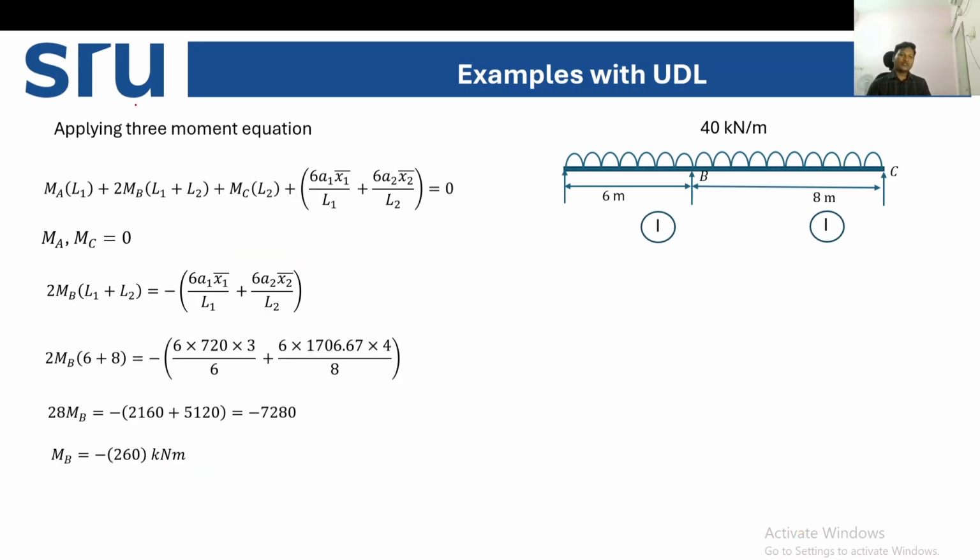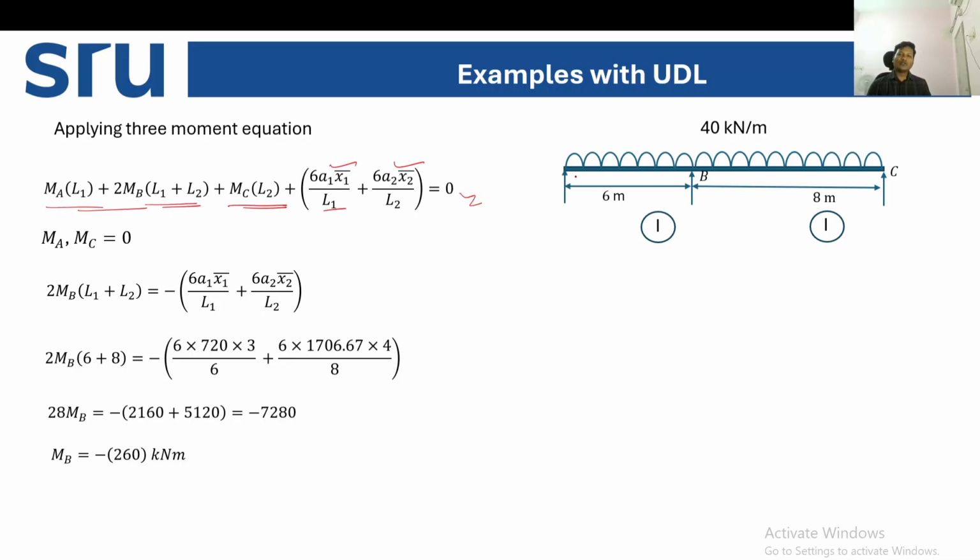So apply the three moment equation. If you apply it for the spans A, B, and C, the final formula is MA into L1 plus 2MB into (L1 plus L2) plus MC into L2 plus 6A1 X1 bar by L1 plus 6A2 X2 bar by L2 is equal to 0.